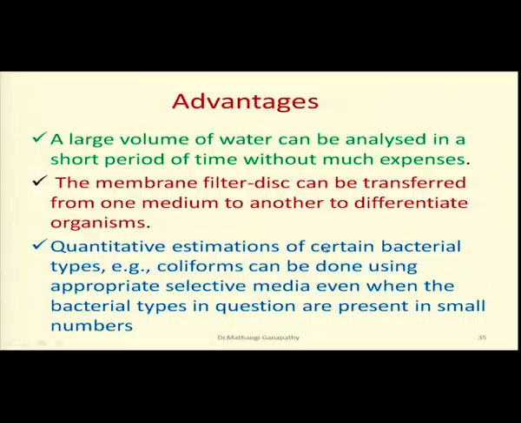Quantitative estimation of certain bacterial types, for example coliforms, can be done using appropriate selective media even when the bacterial types in question are present in small numbers. So, even if the organism which you are looking for is very few in number, even that small number can be isolated and identified using the membrane filter technique.